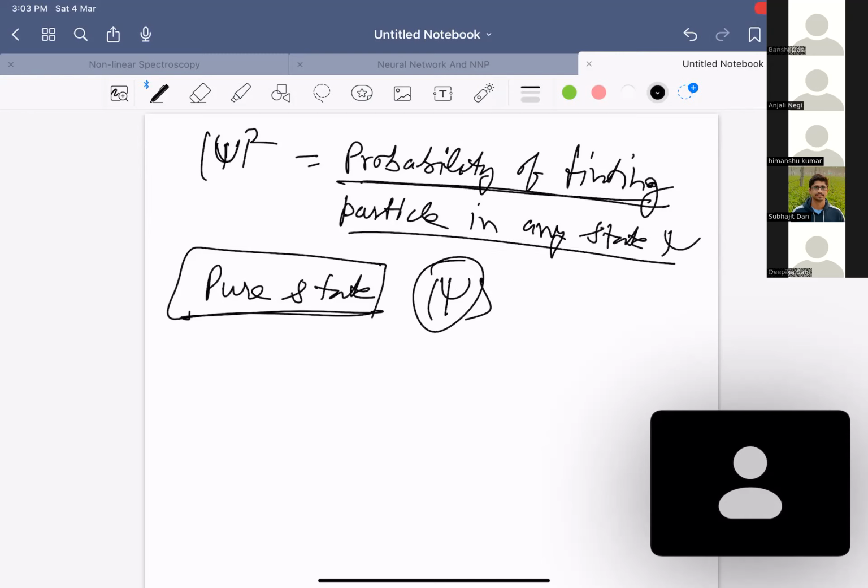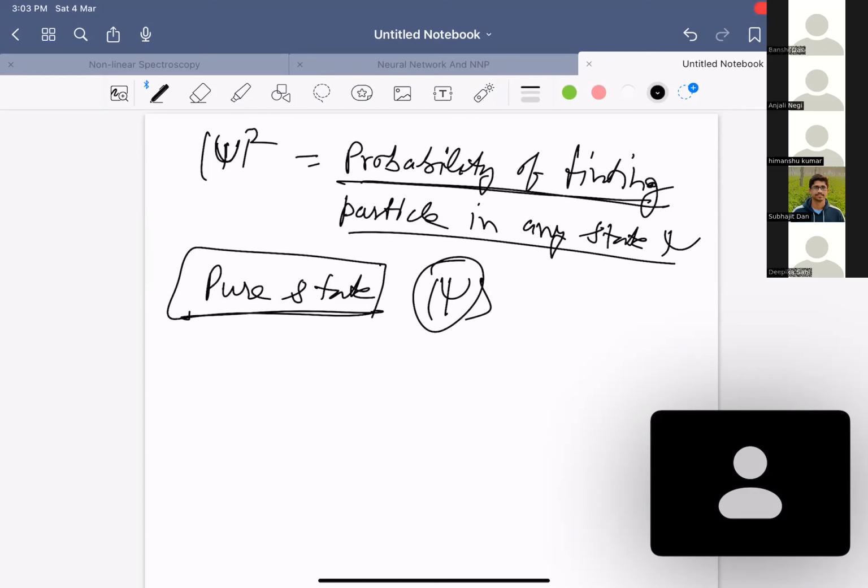But in classical mechanics, if we know all the parameters of a classical system, then we can completely describe the system. So probability is more naturally sitting in quantum mechanics rather than in classical mechanics.